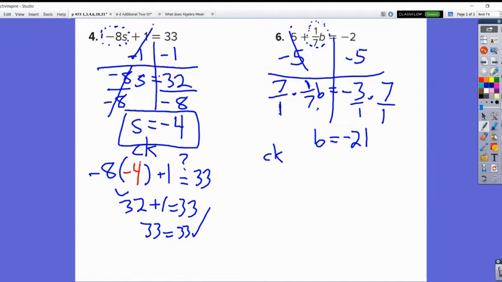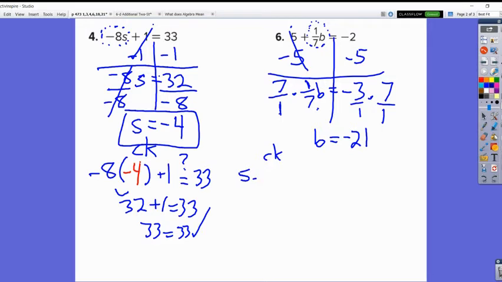So here's my check. 5 plus 1/7 times b, which I think is negative 21, might equal negative 2. Change this. Sorry. Eraser. There we go.